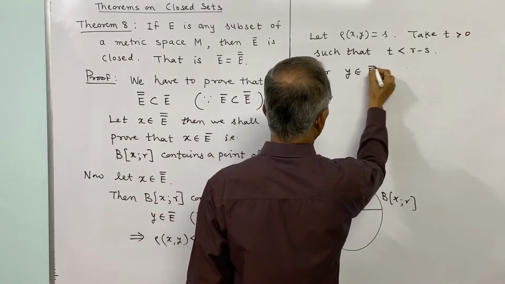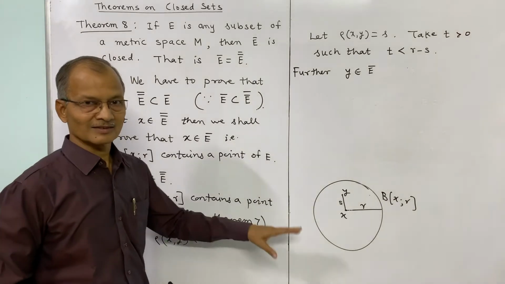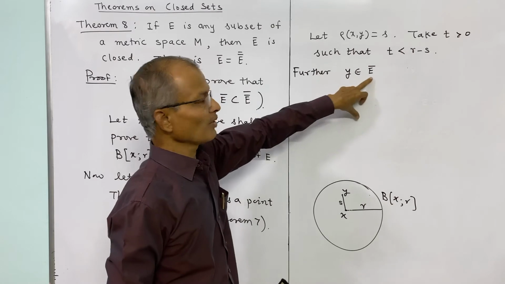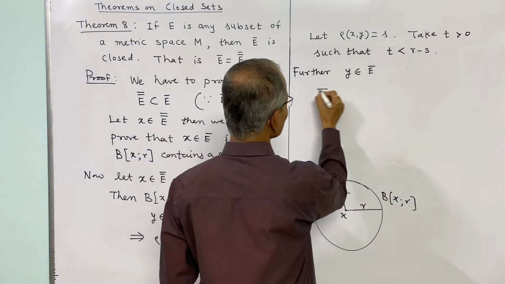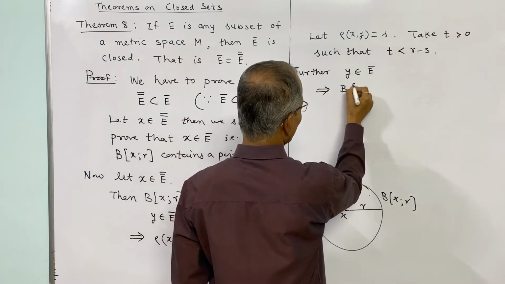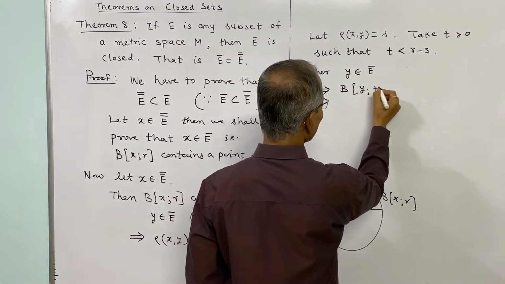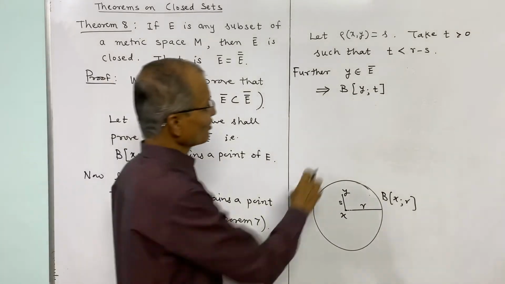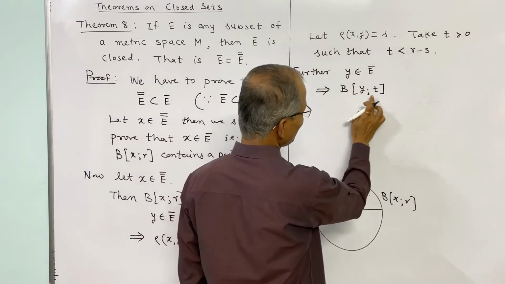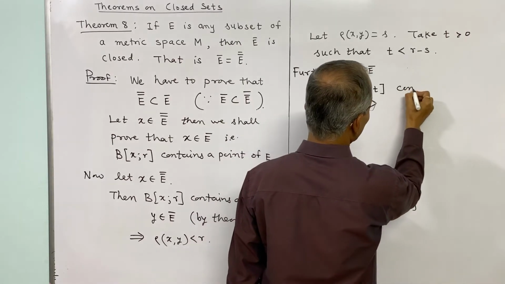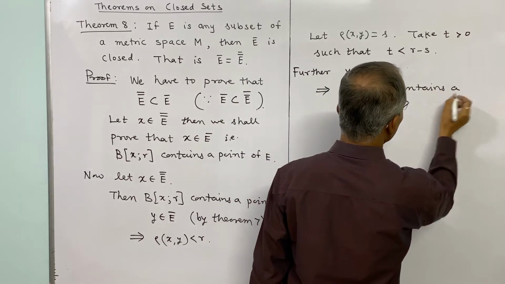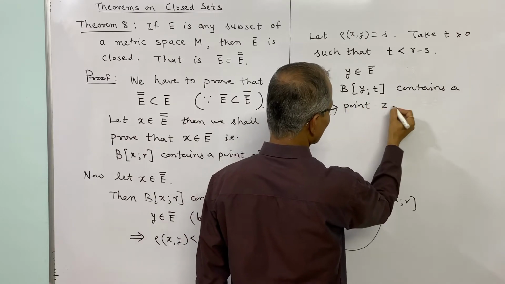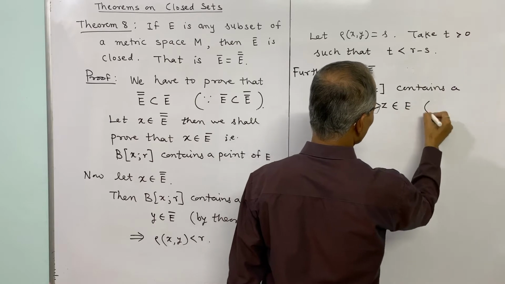Y belongs to E bar means, again by theorem number 7, an open ball about Y contains a point of E. So this implies that an open ball about Y, B(Y, T), with radius T, contains a point of E, and that point we will write as Z. Z belongs to E by theorem 7.